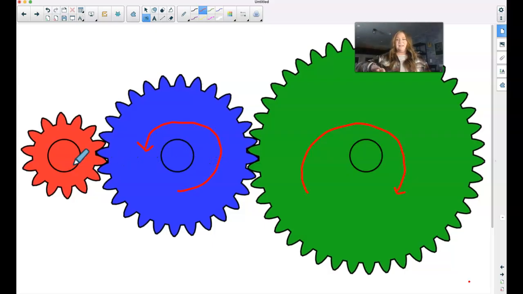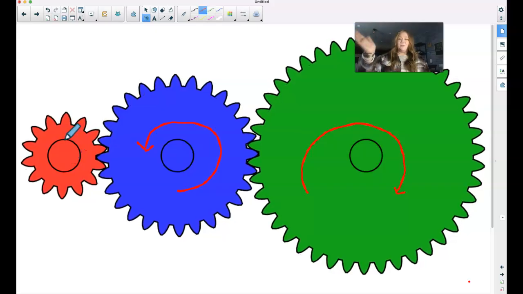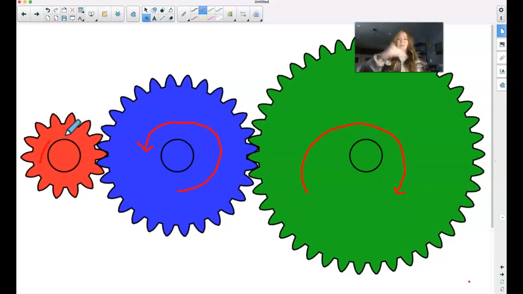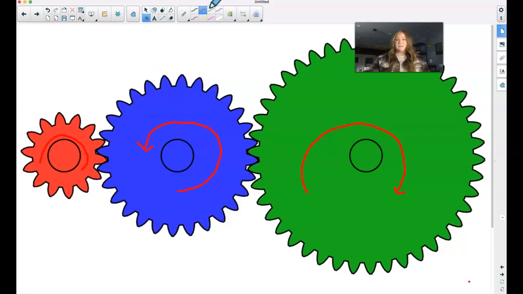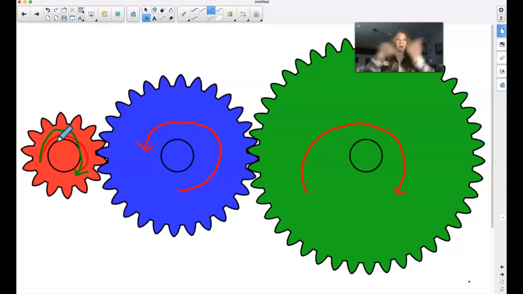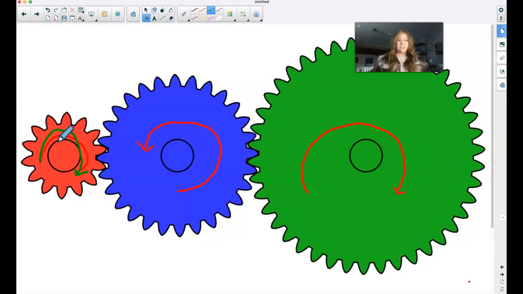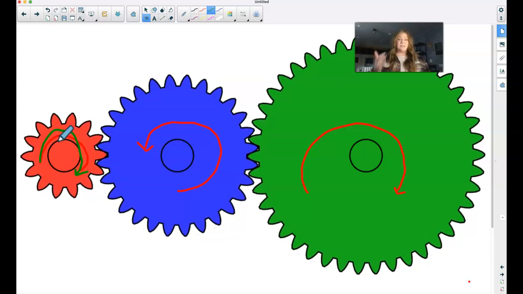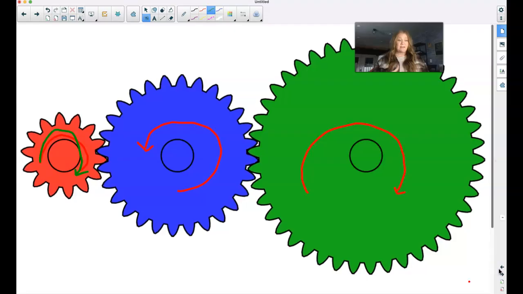And then that blue one is turning that red one down that way. So they're working together, going opposite directions. You can see those spinning there.